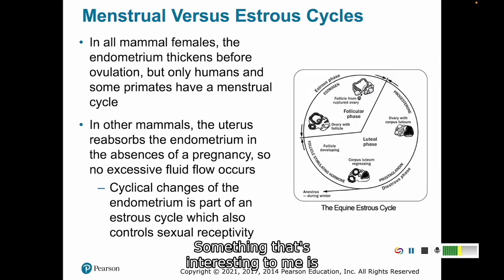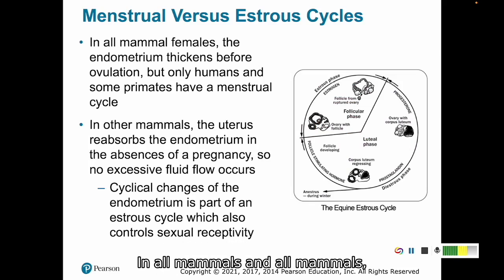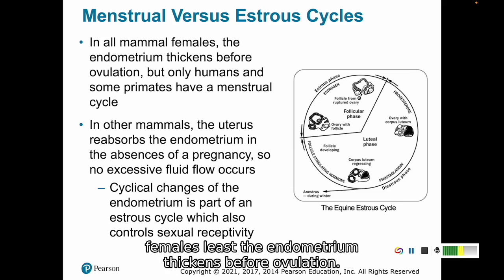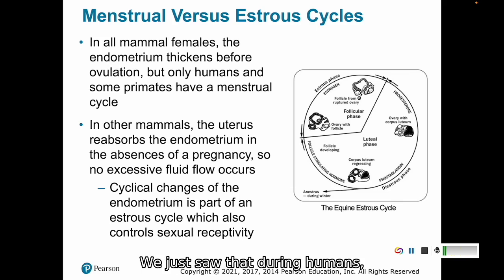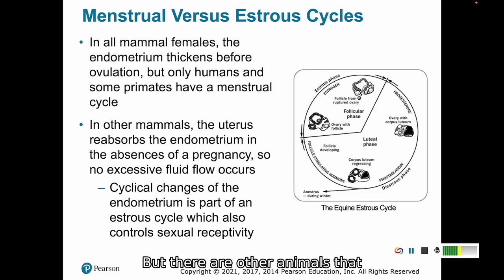Okay, something that's interesting to me is this concept of menstrual cycles and estrous cycles. So in all mammals, in all mammal females at least, the endometrium thickens before ovulation. We just saw that during humans, if ovulation is not followed by a pregnancy, that thickened endometrium will then be shed through a menstrual cycle. But there are other animals that go through an estrous cycle.